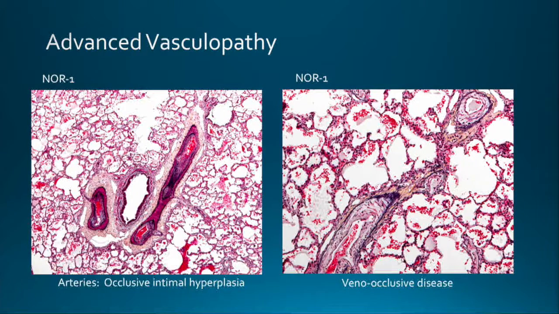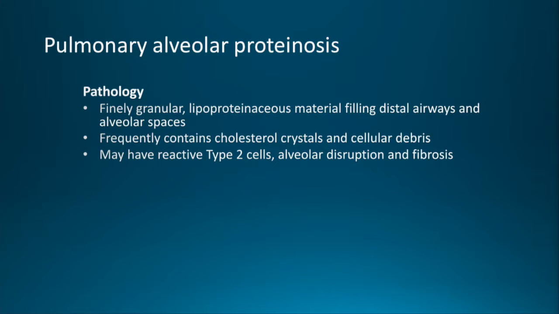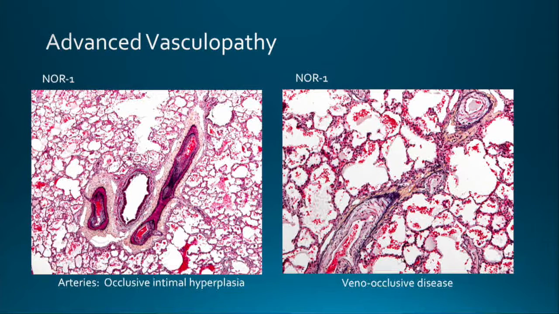Next slide. And then again, I just want to remind you that even when the primary pathologic process is often vascular, as in the case of Boston 2, which has very prominent intimal hyperplasia, we also saw what we're calling endogenous lipoid pneumonia on the right, even though it was patchy, where you have very thickened alveolar septae with inflammation and then deposition of cholesterol clefts and lung remodeling.